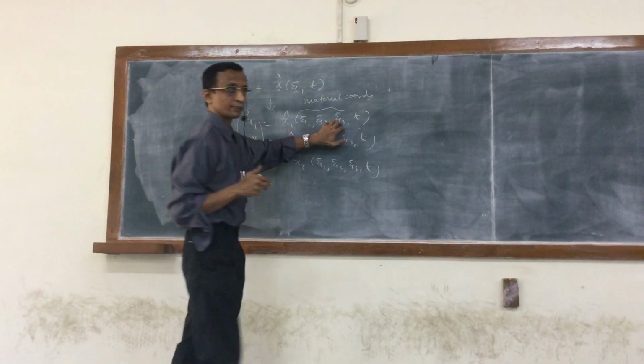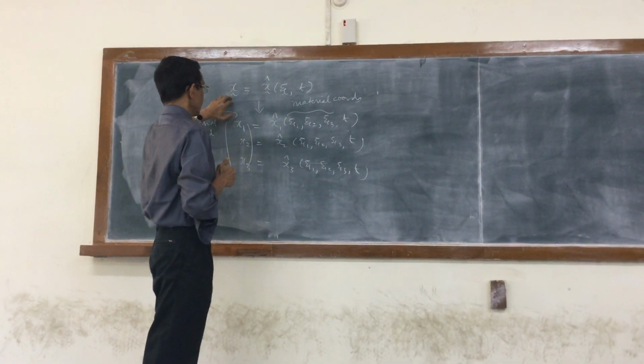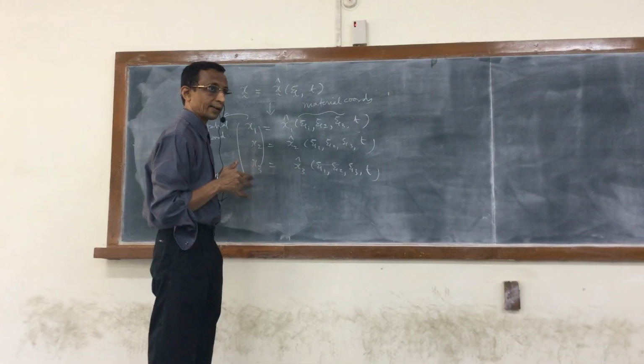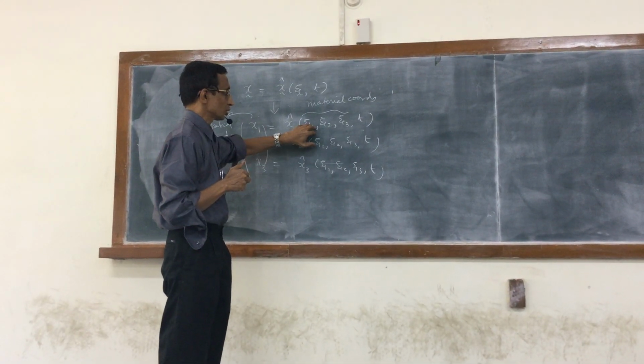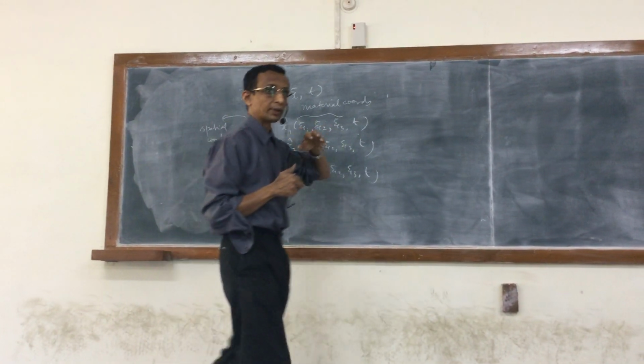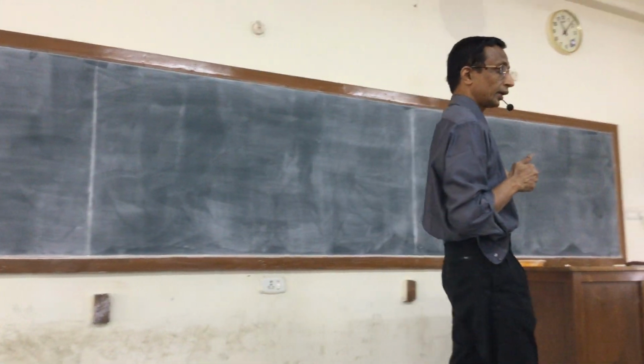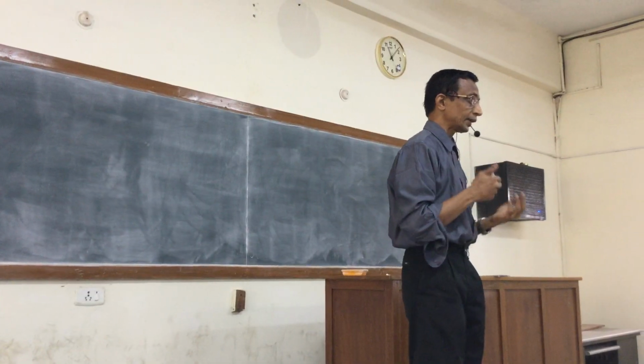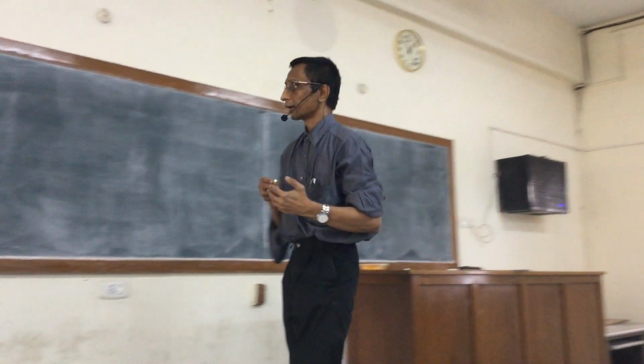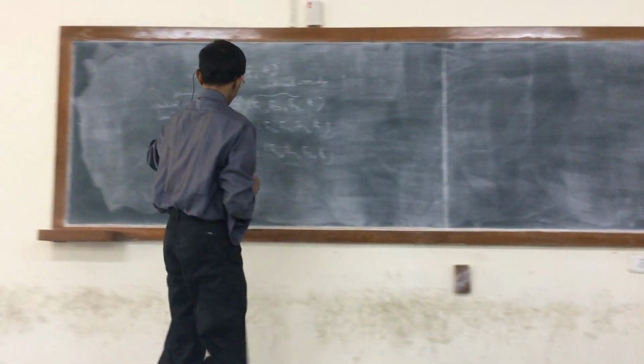So that is this. So what this says is that the coordinates of that same point, which occupied coordinates psi1, psi2 and psi3 at a reference time, its coordinates at a time t is given by x1, x2 and x3.